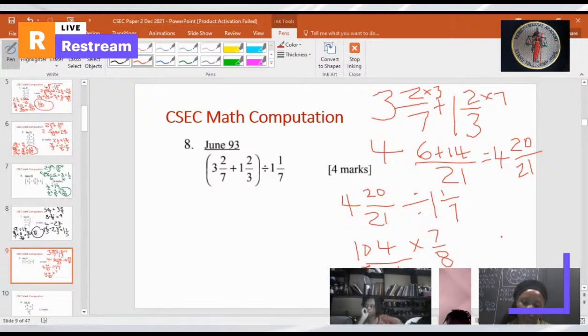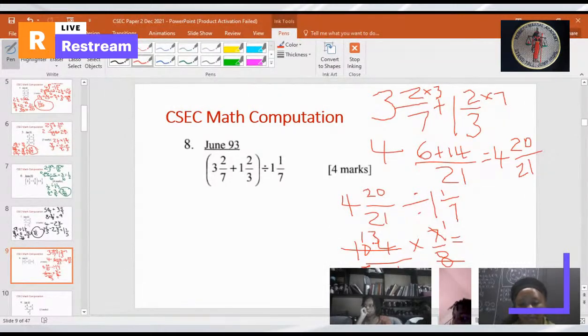All right, what's next? So now you can cancel 7 into 21, which was 3 times, and 8 into 104: 8 into 10 is 1 time, remainder 2, then 8 into 26 is 3, so 13 times.